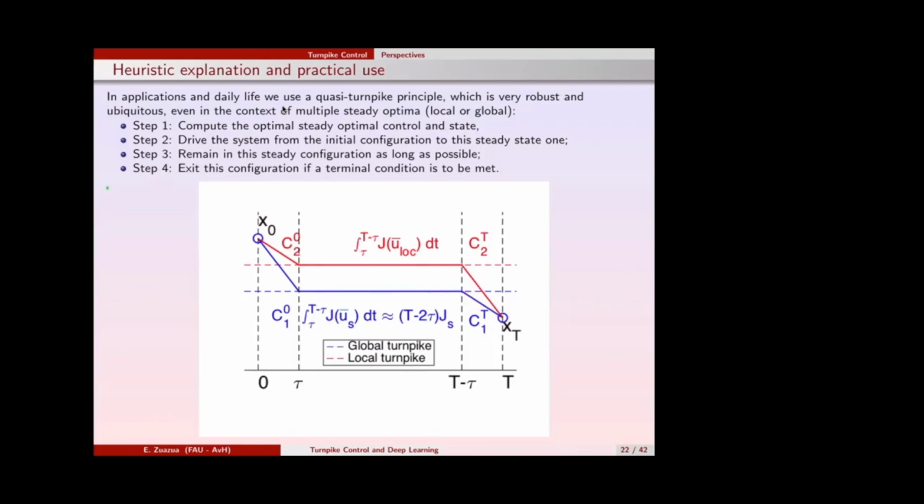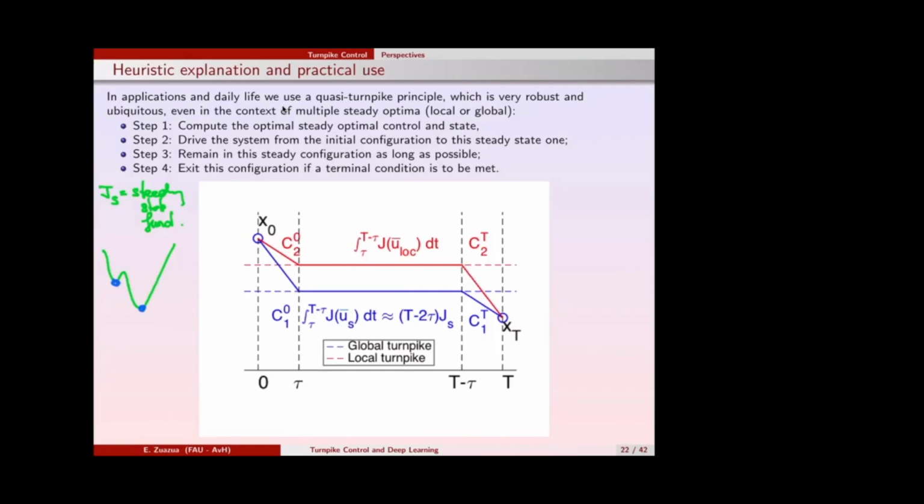So if, in the steady state functional, you had such a configuration, right, where clearly the global minimum is over here, but there is also a local minimum. If you apply the Turnpike principle with the local minimum, that will be fine as well, except that it will be slightly more expensive, right?